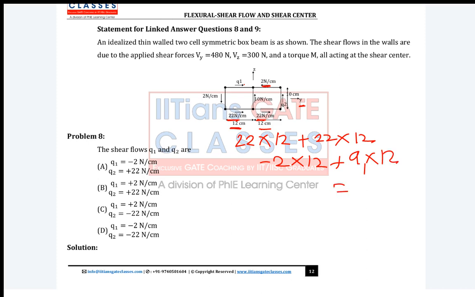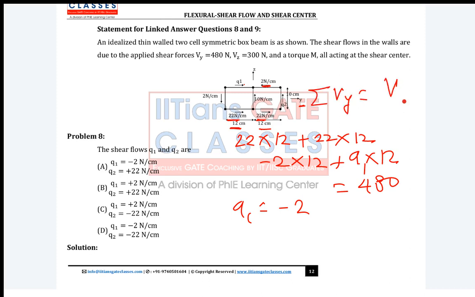Since it's a force equivalence, this is equal to 480. So what is q1 guys? It's minus q2. Now this is what we have done: sigma Fy equal to Vy.